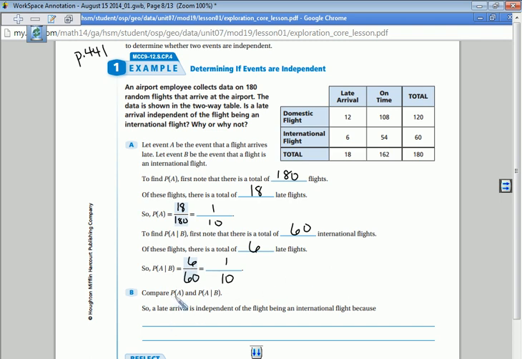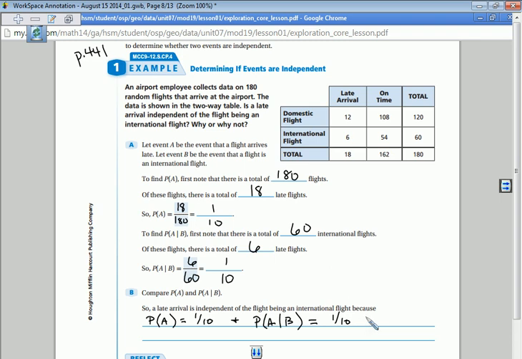So if we compare the probability of event A occurring, which we said was 1/10, and then we did the probability of being late given that it's international, so the probability of A given B was 1/10.